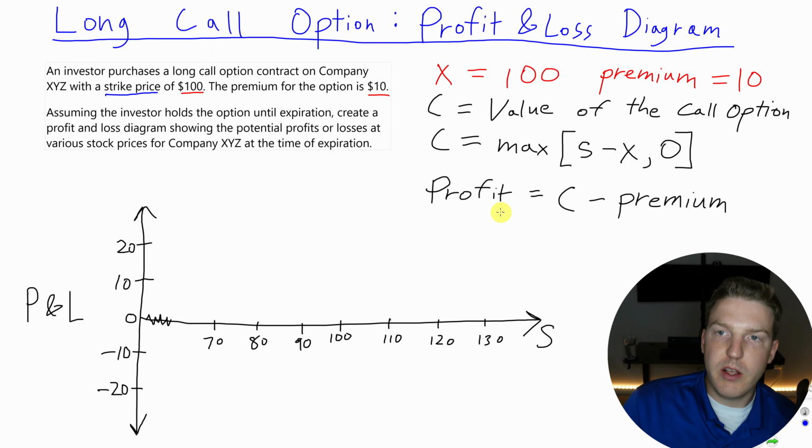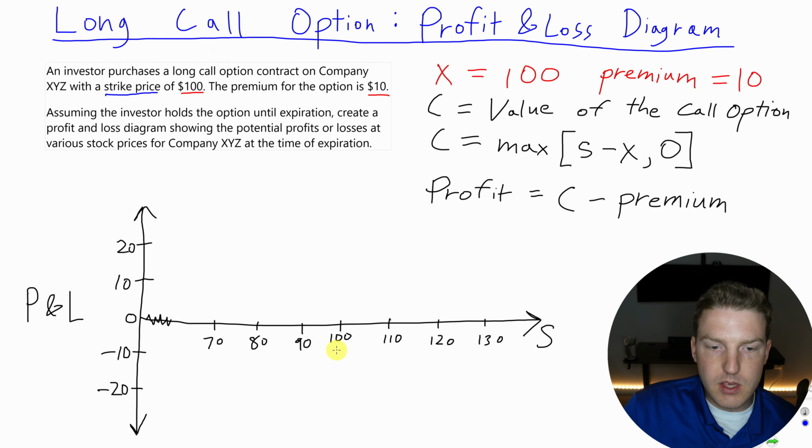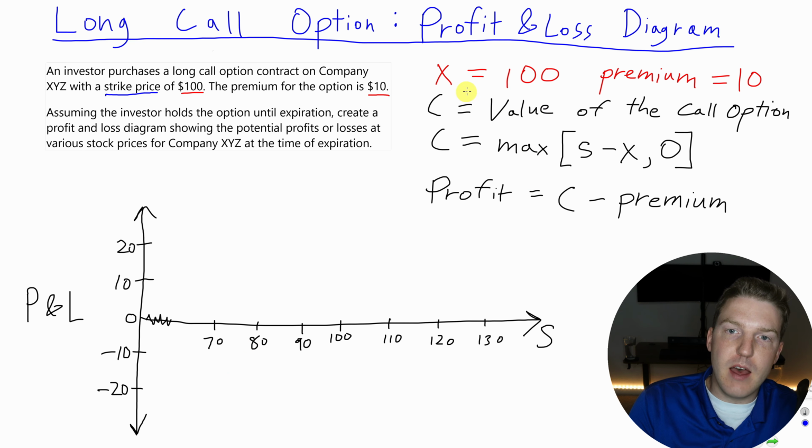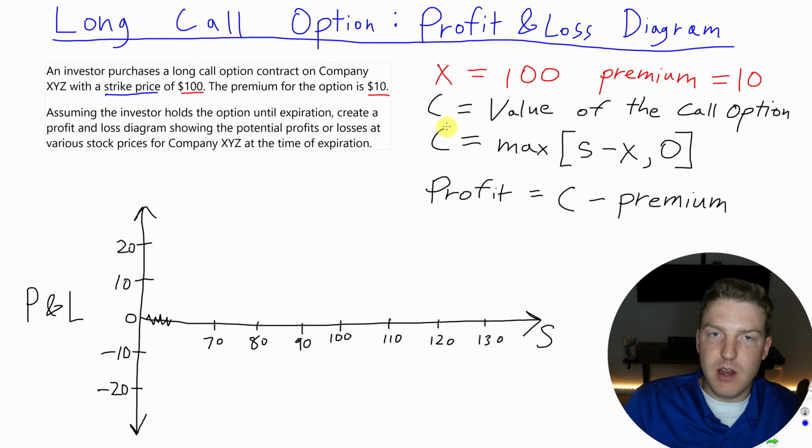Now let's start drawing our diagram. Initially we pay $10 for this option contract. We know that if the price of the stock was below $100, we can't really exercise this option contract. The only time that it makes sense to exercise this contract is when we can buy the stock for less than it's actually worth.